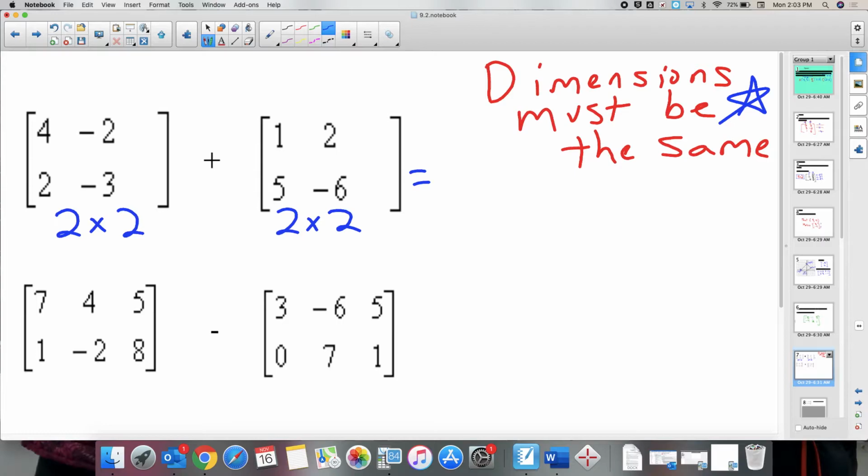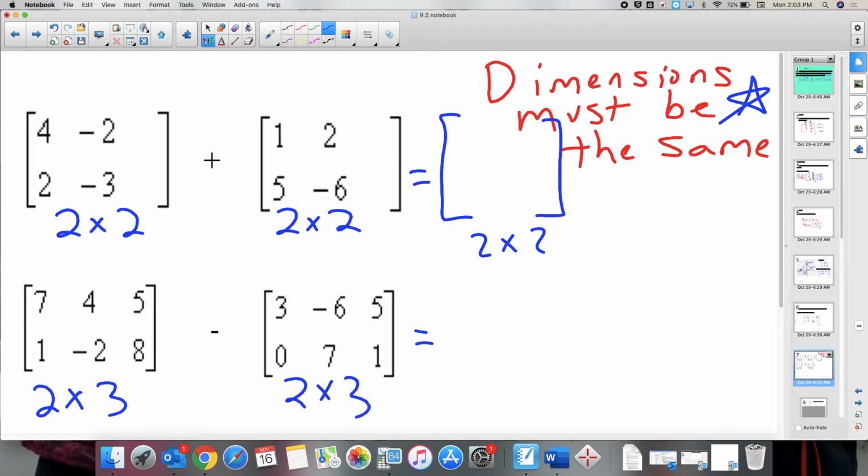And your answer will likewise be a 2 by 2 matrix. If you have a 2 by 3 matrix, you can only subtract a 2 by 3 matrix from it. And then your answer will be a 2 by 3 matrix as well.